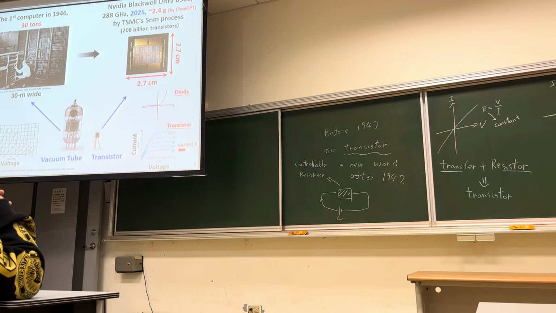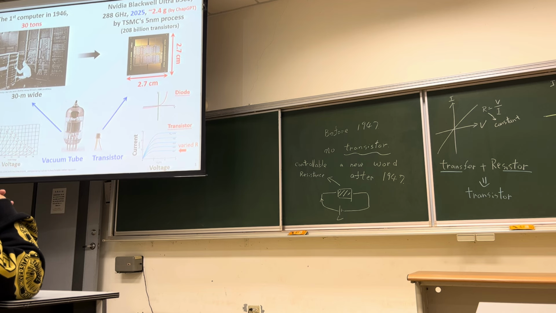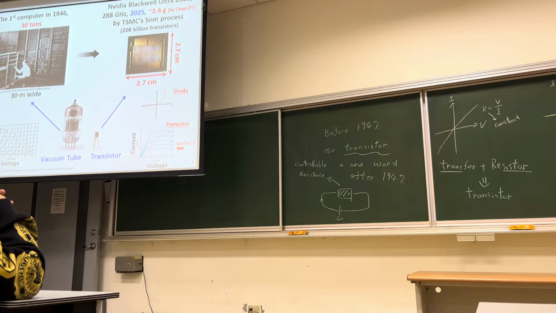Once your input voltage becomes larger than the threshold value, your output current is stable, which means it does not change with the input voltage. In that case, you can have a very stable resistance once you fix the terminal voltage, right? So that's the very basic idea of a transistor.